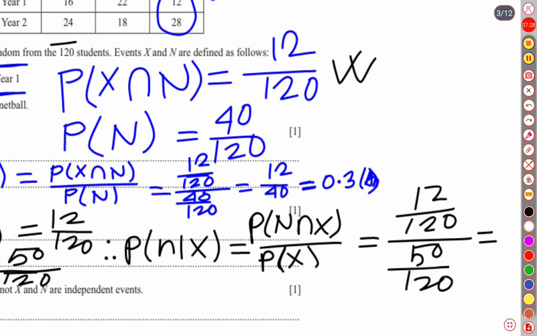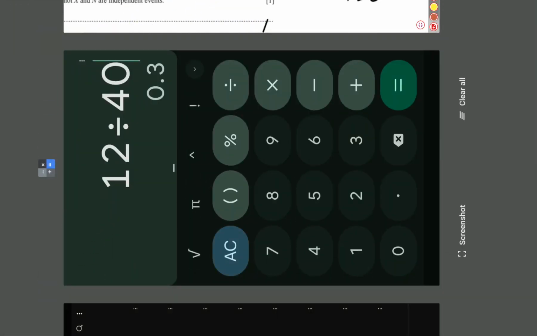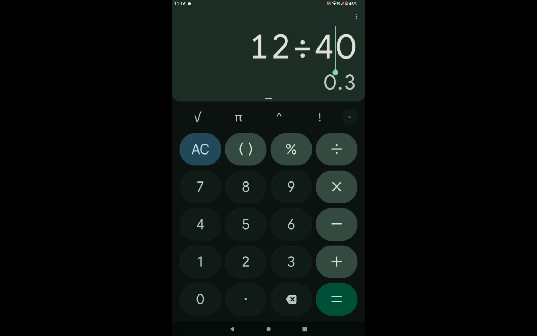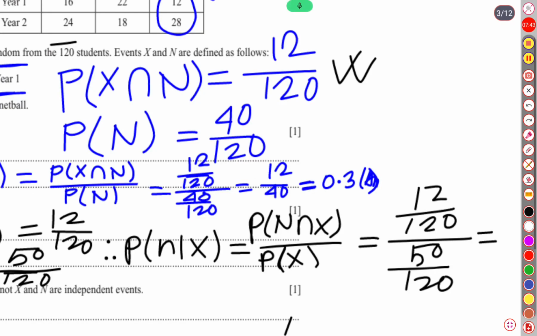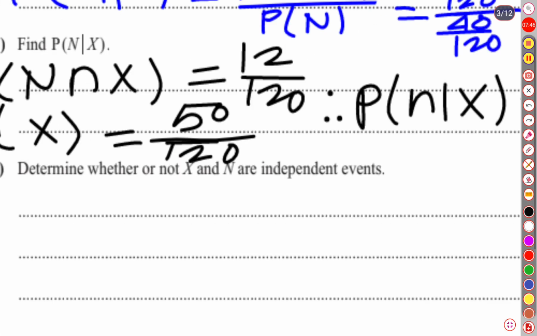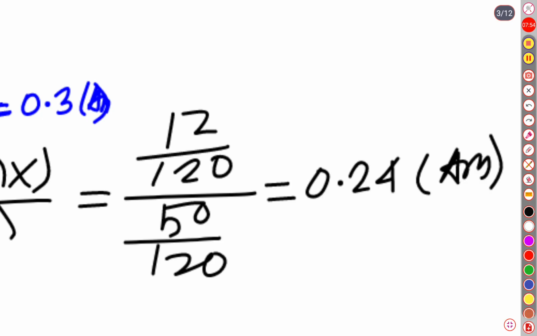If we divide 12 by 50, it is 0.24. 0.24 is our final answer.